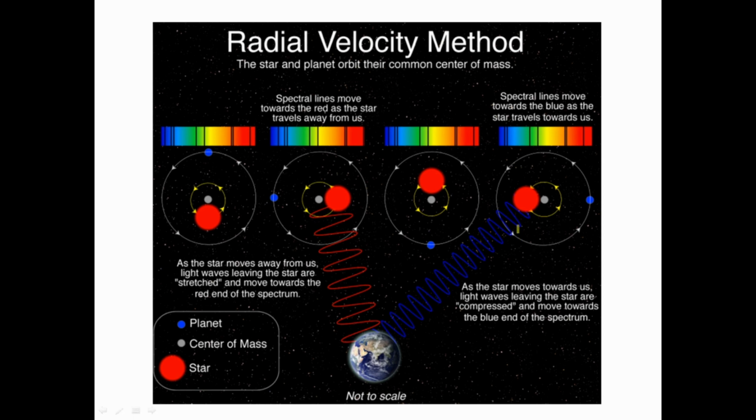If we work that out, we can then work out a lot about the exoplanet. So quite a power. We're not actually making direct measurements of the exoplanet itself. We're making measurements of the star.